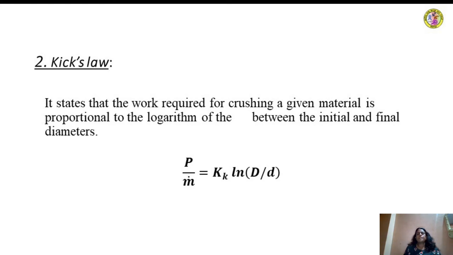This D by d is called the reduction ratio, to which the power required will be directly proportional. P is power in kilowatts, m dot is the rate of feed to the machine in tons per hour, and Kk is called the Kick's constant, or the constant for Kick's law.